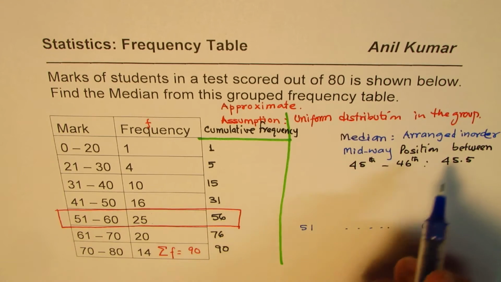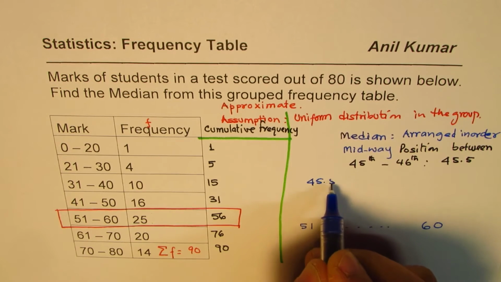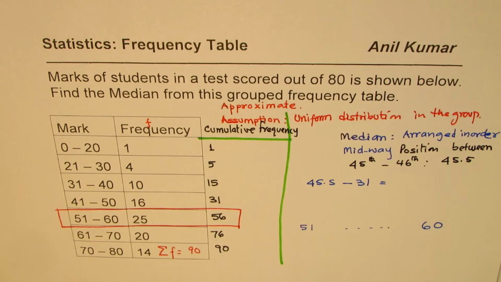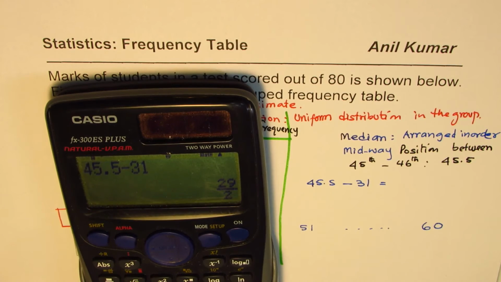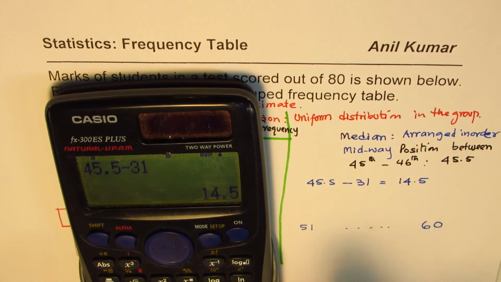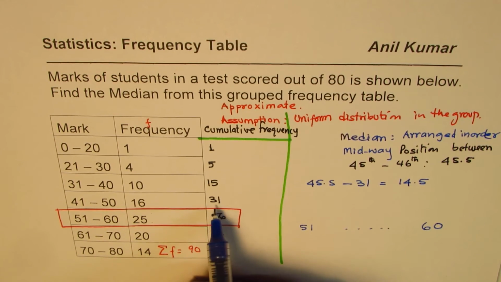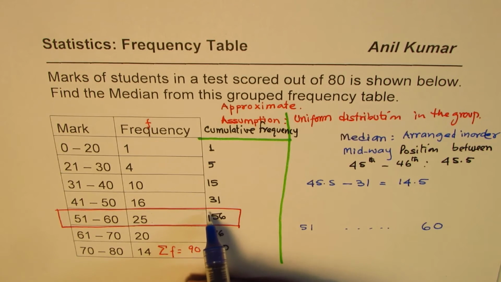So let's find the difference. 45.5 take away 31 is, in decimals, 14.5. Do you see that? So the number is 14.5 after this.